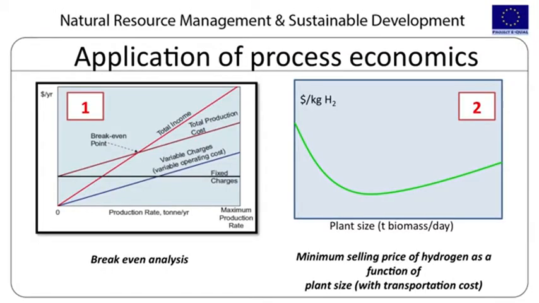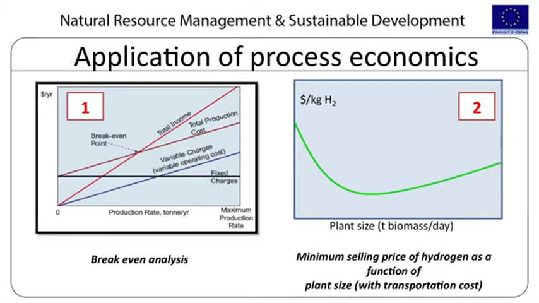Let's show two applications of process economics. Break-even analysis is shown in figure 1. The break-even analysis helps to estimate the minimum production rate so that total income and total production cost become equal. This is the condition of no loss, no profit. The point at which it occurs is called the break-even point as shown in the figure.